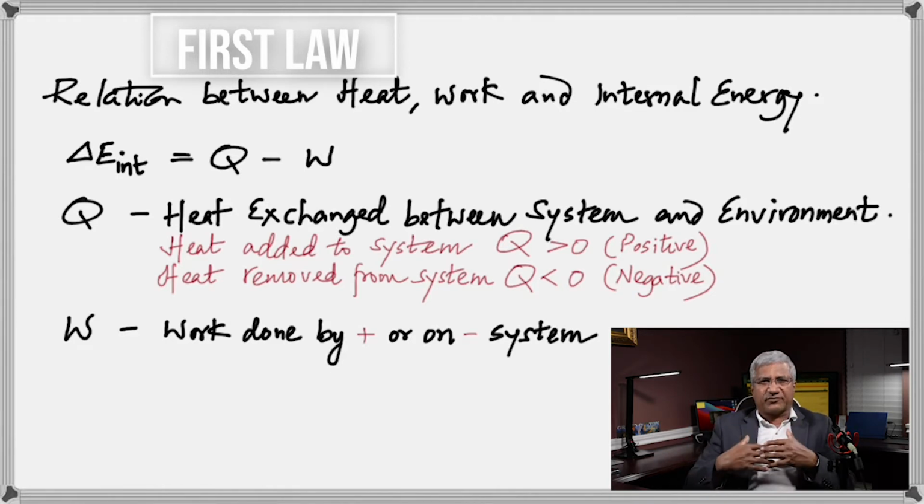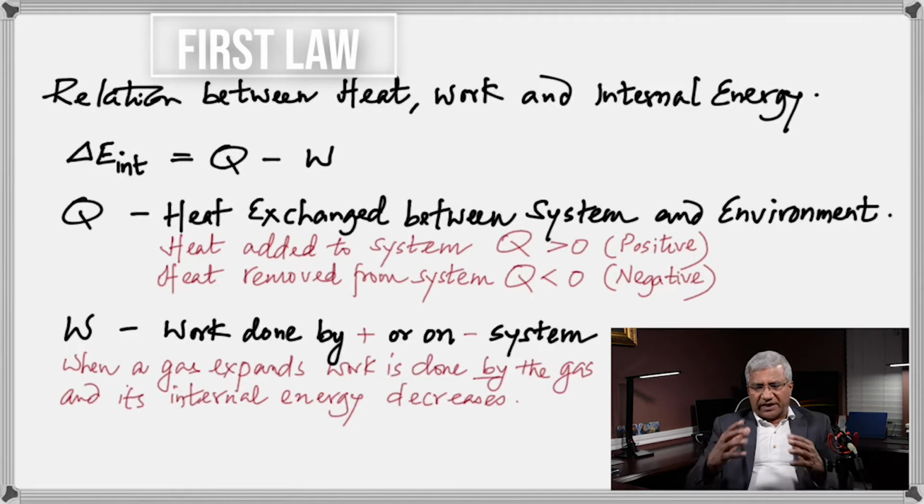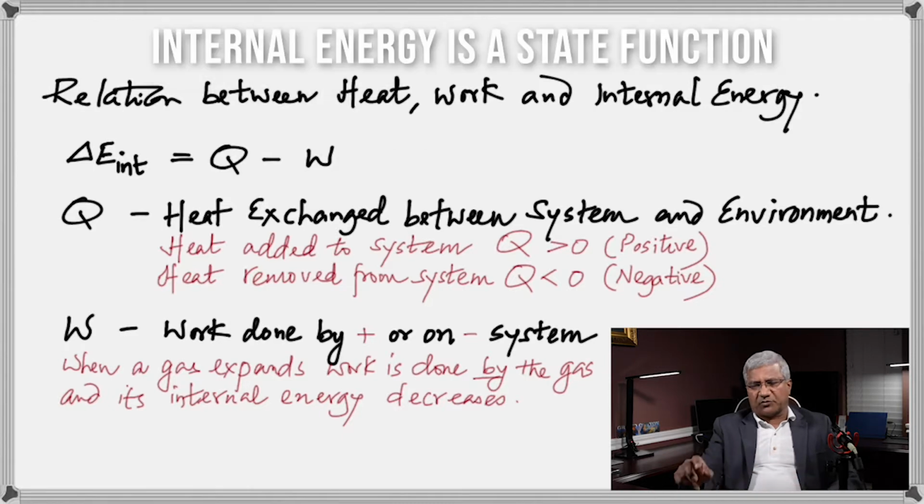But if we compress the gas, then work is taken as negative. So work done by a system is positive, while work done on a system is negative. You got to know that. When a gas expands, work is done by the gas, and surely its internal energy decreases because the gas is doing work. We'll get more ideas when we work out problems.